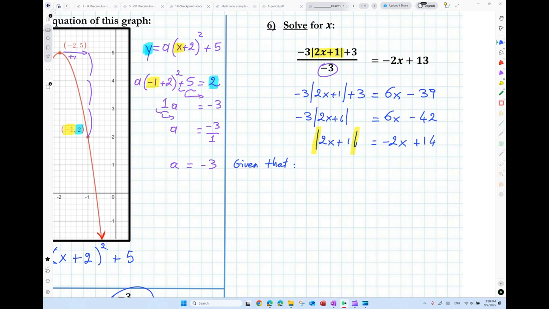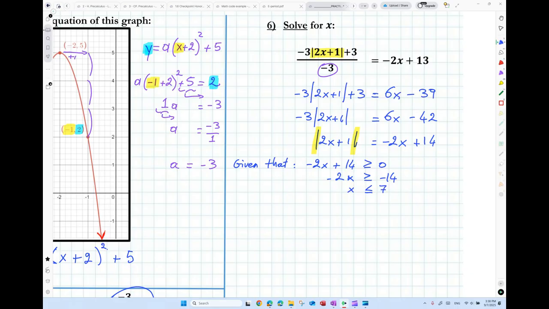In other words, I need to determine the domain of validity of this equation. So negative 2x plus 14 has to be greater than or equal to 0. Therefore, negative 2x has to be greater than or equal to negative 14. Therefore, x has to be less than or equal to 7.